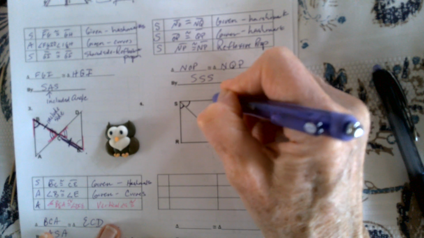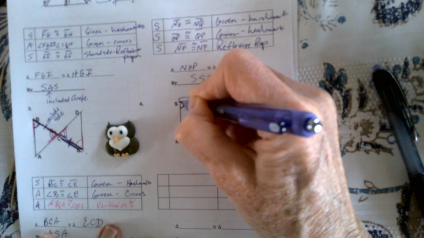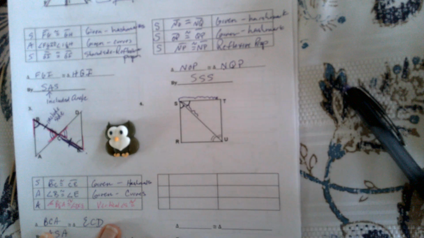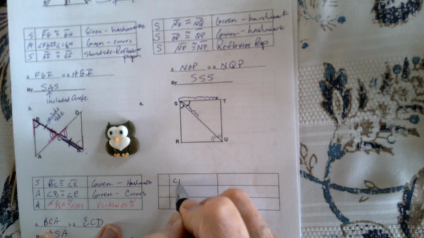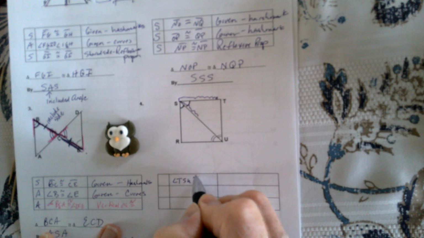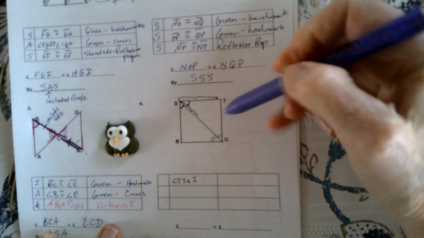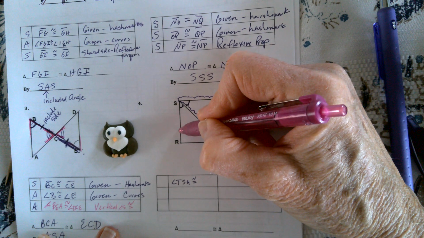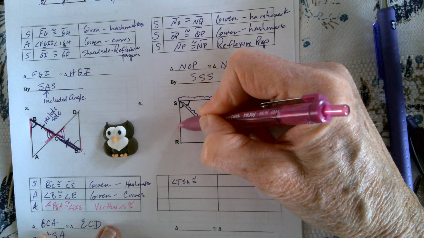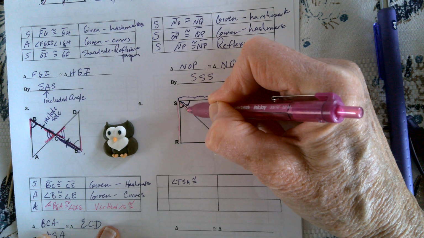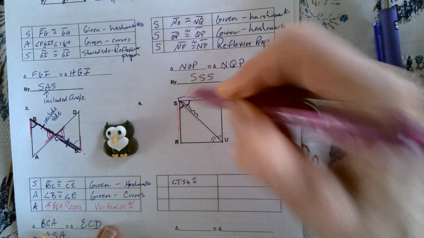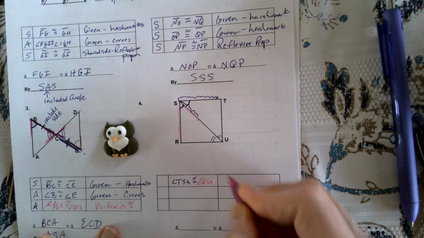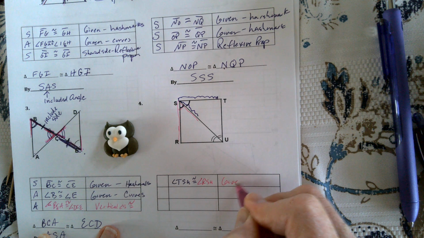So this angle is called angle TSU, which is congruent to angle RSU, because I'm coming up R to S to U. Why? Because it's given in the diagram. I've got the curves.